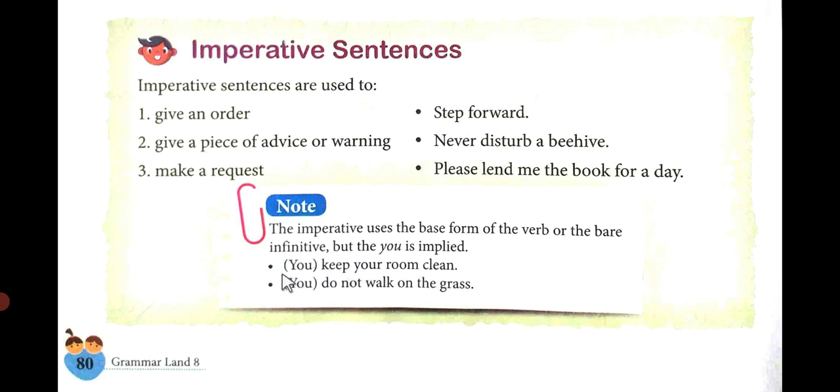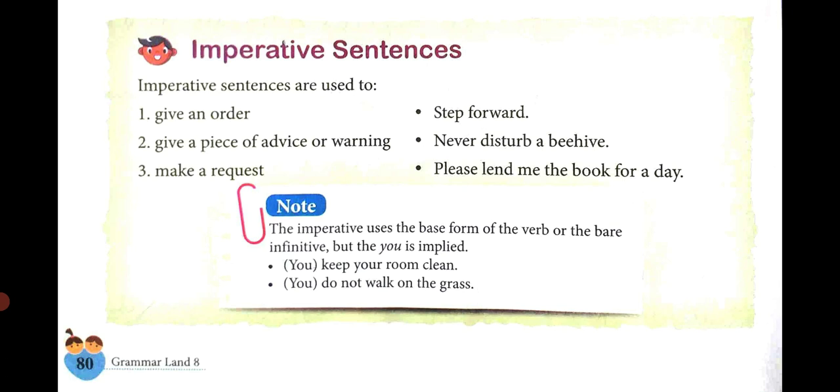Though it has not been given, it is understood who will keep the room clean. It is indicating to you that you keep your room clean. Second one, do not walk on the grass. That means you don't walk on the grass. It is telling that you is implied, though it has not been shown in the sentence.